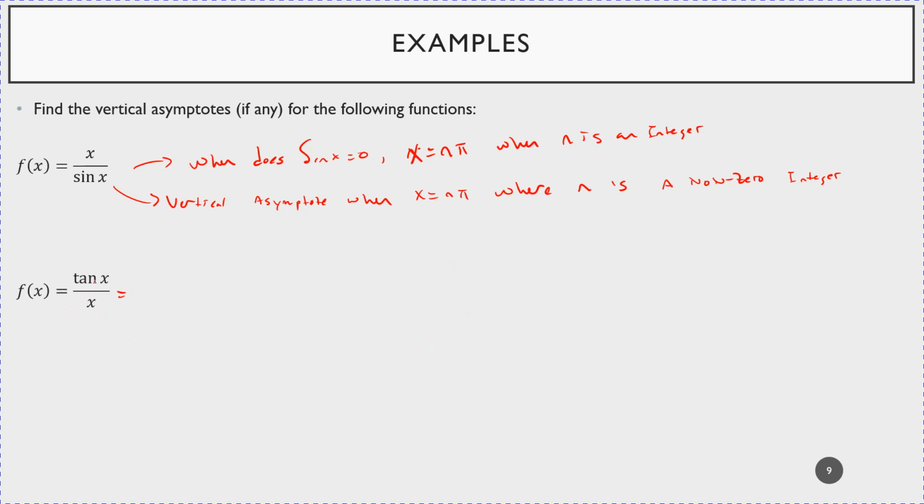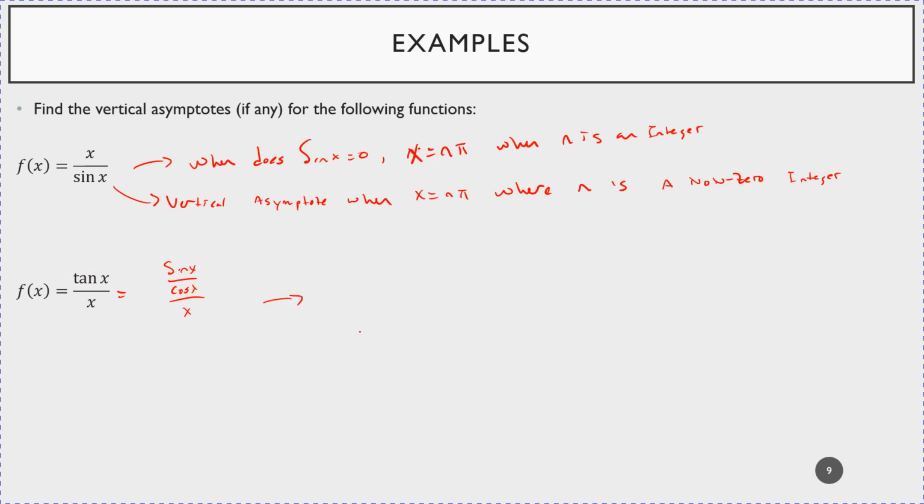And look, it's going to be the same thing here, right? So like tangent is sine of x over cosine of x, divided by x. So you're looking here, like, if it helps, where are the asymptotes of tangent, right?